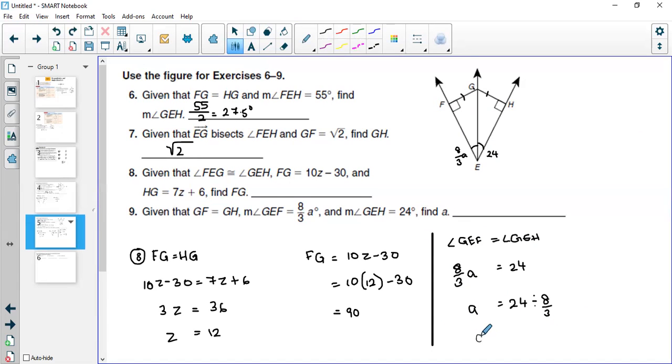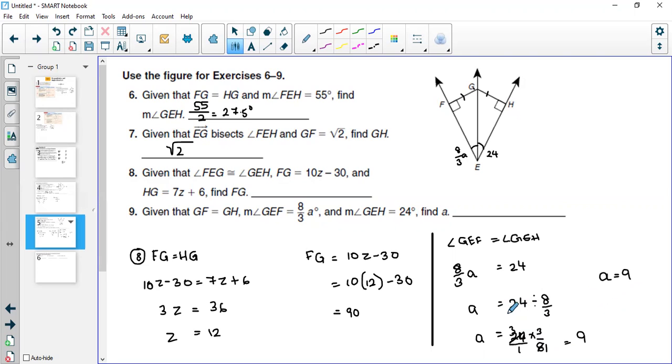So you will definitely use KCF: keep it, change it, flip it. If you simplify this, you can simplify this with an 8. 8 ones, 8 threes. So your answer is going to be A equals 9.